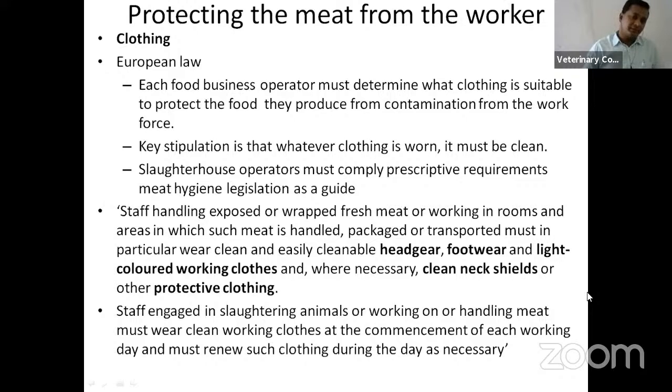The next important aspect is protecting meat from the worker. See, this is very important. Protecting meat from the worker means, earlier we studied in the sources of contamination, the operatives. The operatives have to wear the protective apparel that consists of the headgear, the footwear, the aprons, the gloves, and other protective clothing, starting from head to toe.